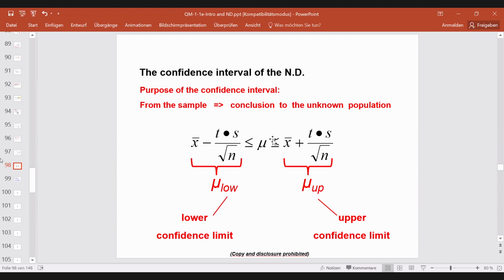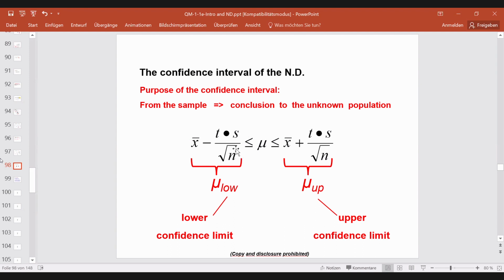The mu value has a mu up, which is on the right side here on this equation, and a mu low. These two limits for mu. The mu up is calculated by the mean of the sample plus t times s. S is the standard deviation of the sample, and t is a table value. And this is the root of n, so it depends on the size of your sample.